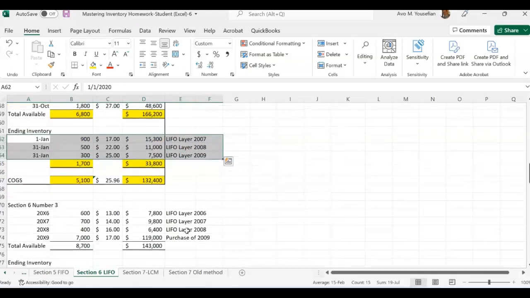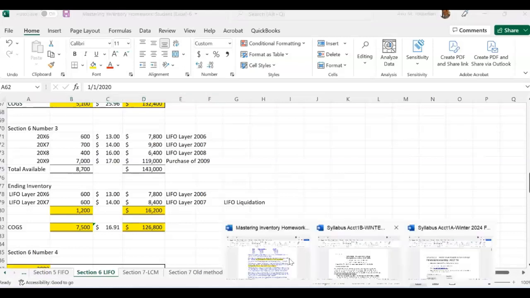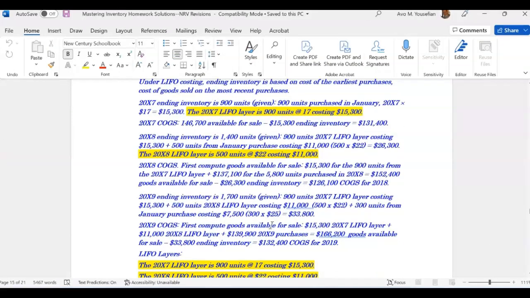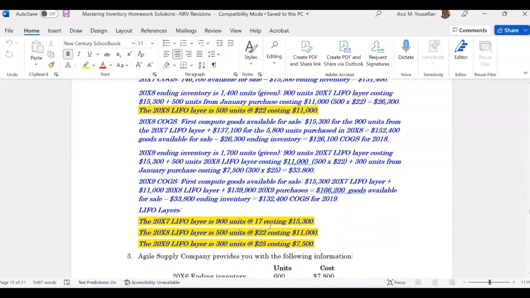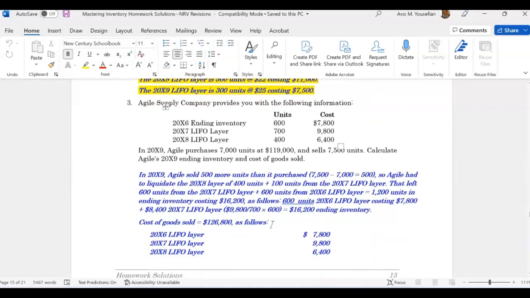Okay, so let's go to problem 3. Problem 3 is saying that the company provides you with the following information.